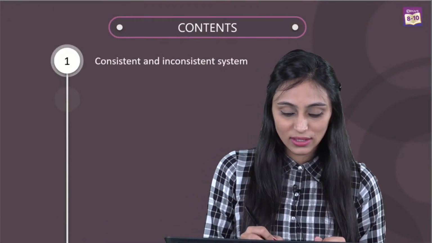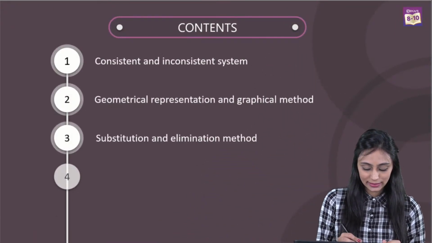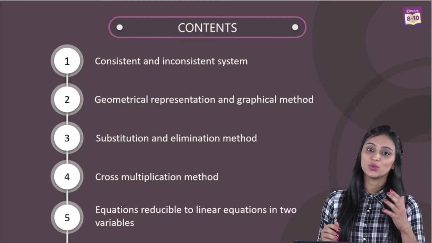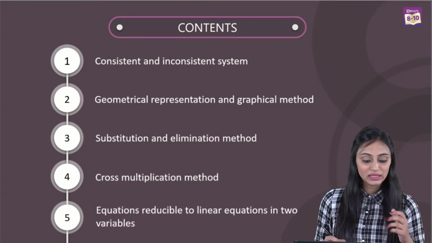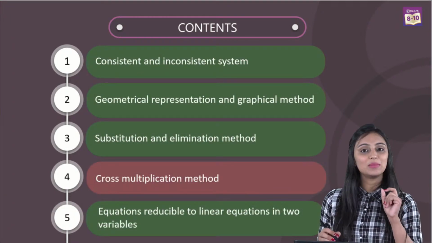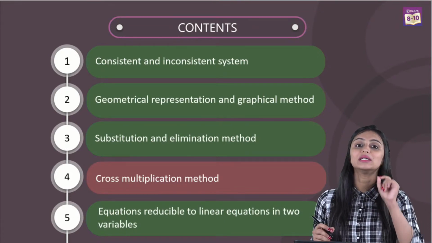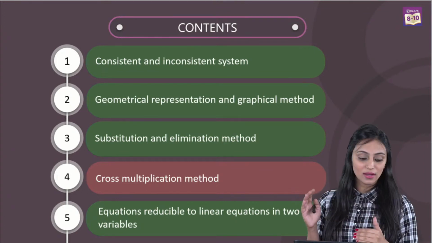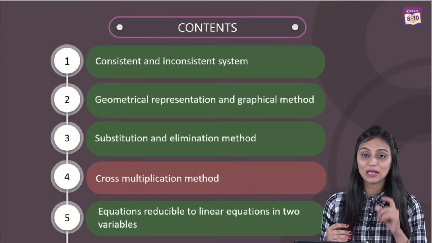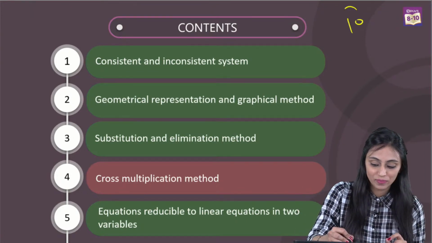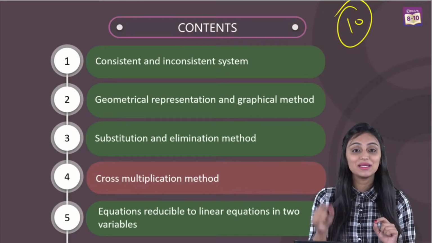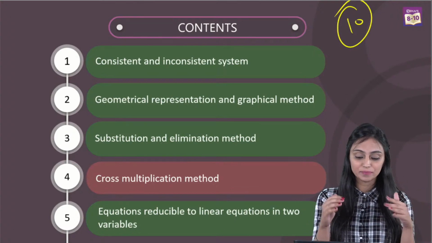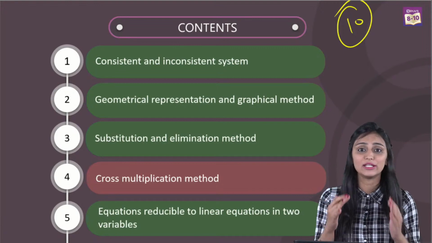So these are the contents of this chapter, pair of linear equations in two variables. Out of these topics, cross multiplication method is excluded from the term 1 syllabus. So today I'll be discussing questions on the left 4 topics and I'll be discussing 10 questions in all in today's session. And trust me, these 10 questions will actually properly cover all these topics.